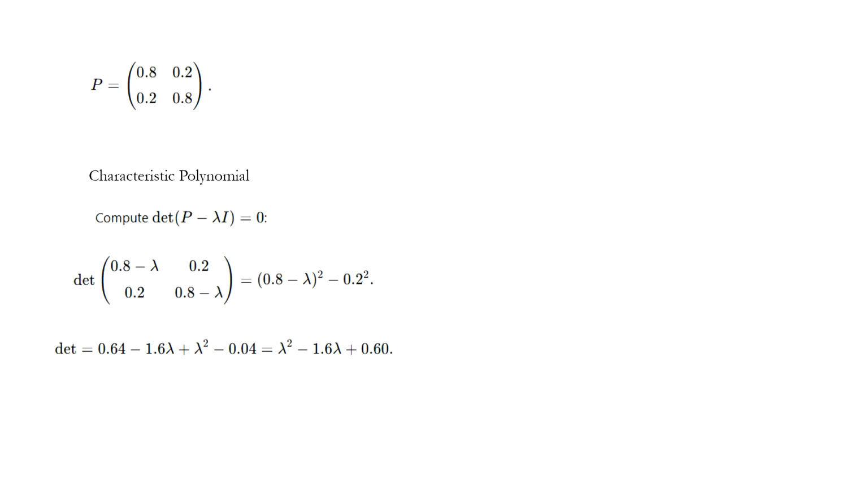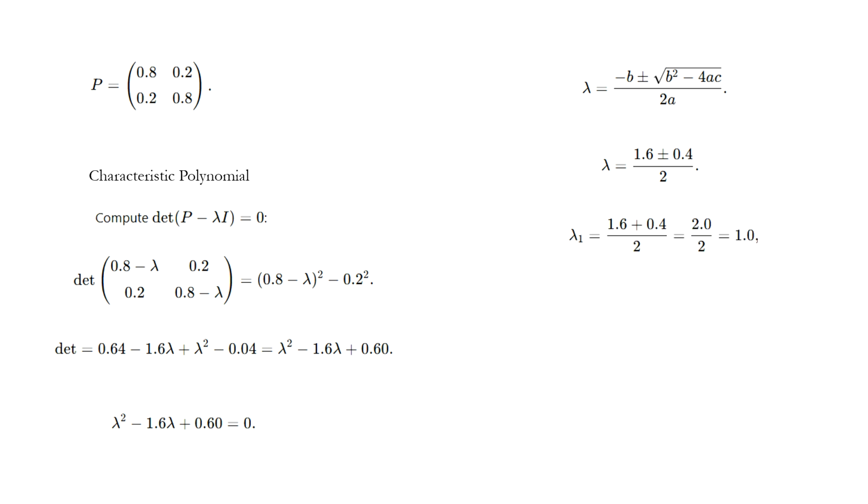It ends up becoming lambda squared minus 1.6 lambda plus 0.6. We set that equal to 0. We use the quadratic formula, negative b plus or minus the square root of b squared minus 4ac, over 2a. Lambda is equal to 1.6 plus or minus 0.4, divided by 2.